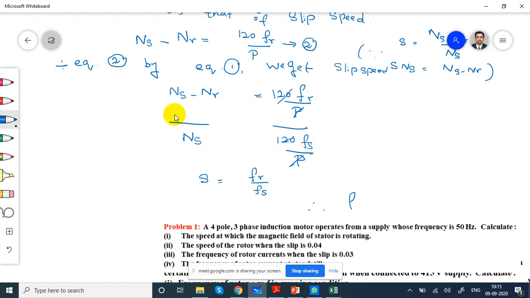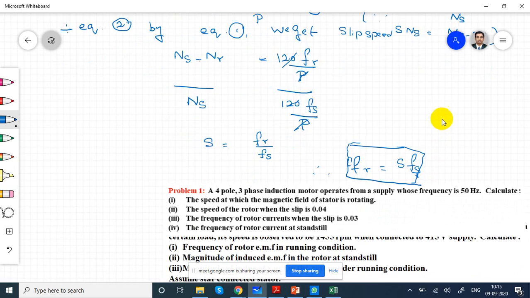Therefore Fr equal to s into Fs. This is the formula for frequency of rotor current: Fr equal to s into Fs.